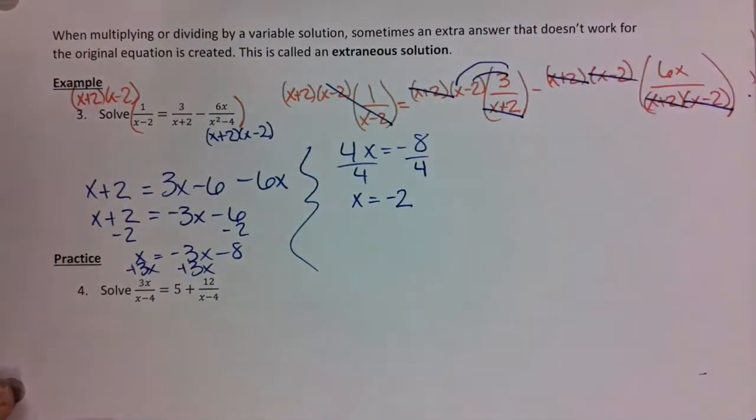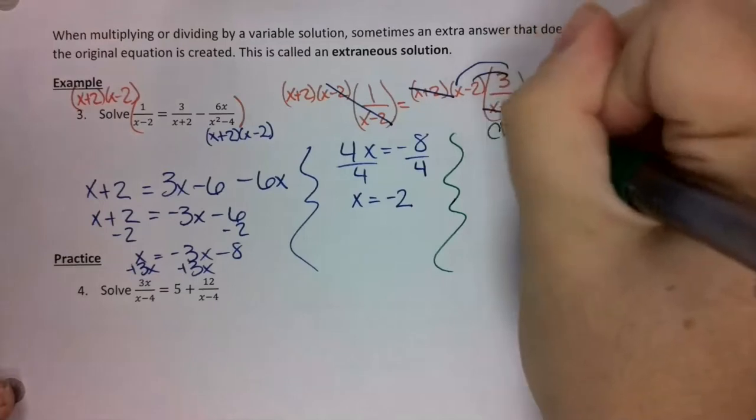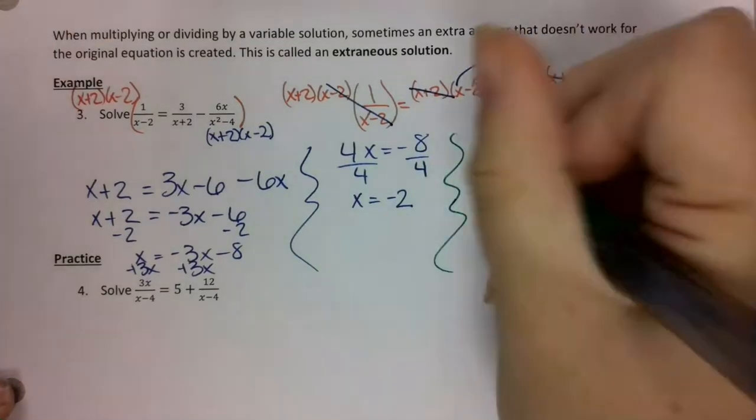Because I had an x in the denominator, I need to check my answer. So I'm going to plug in negative 2 for all of my x's.